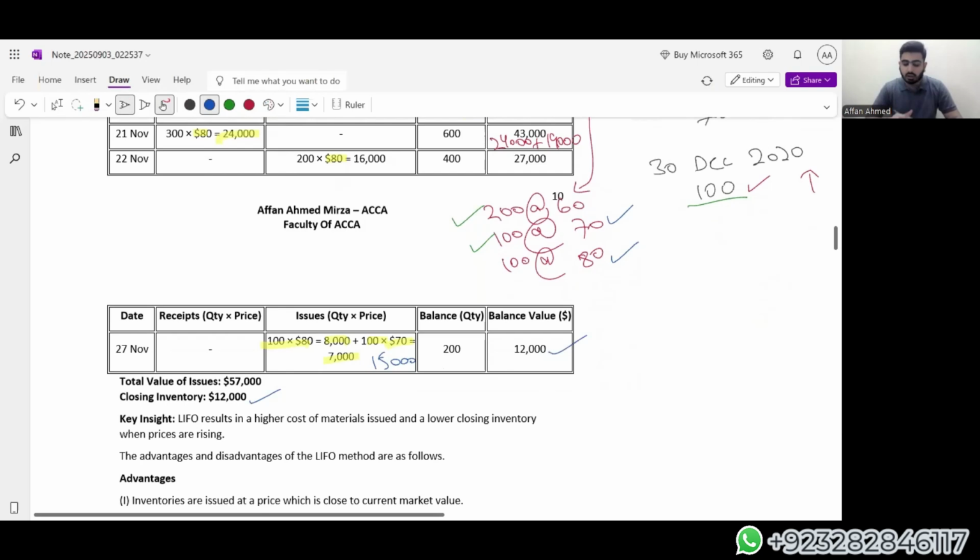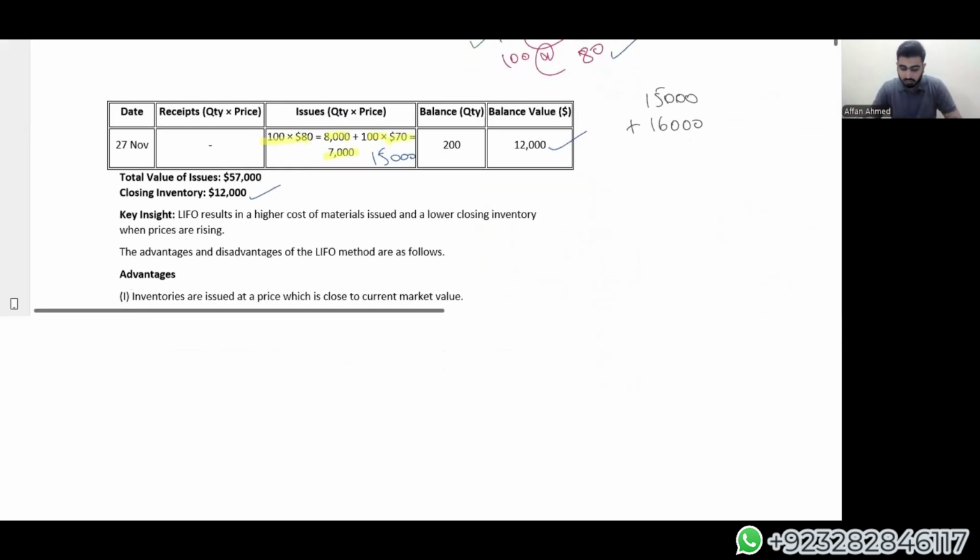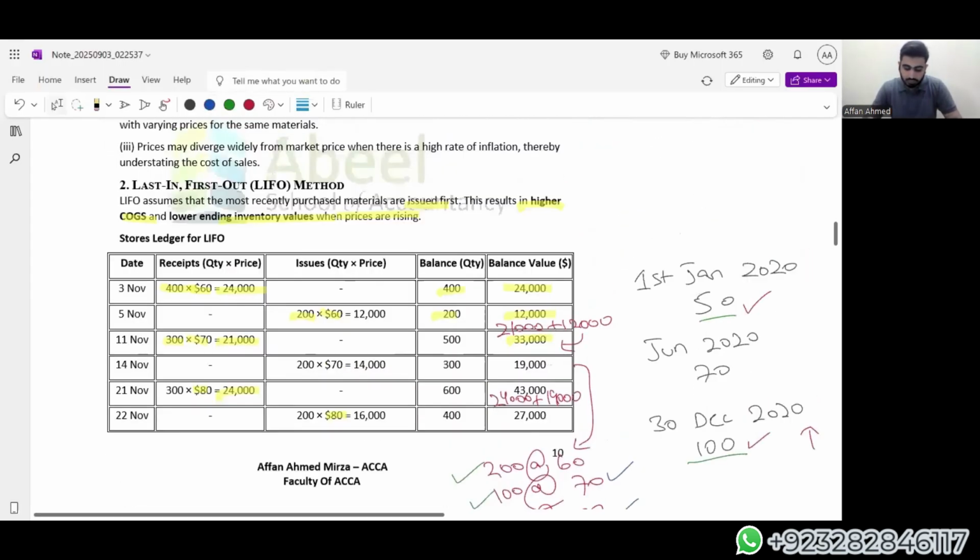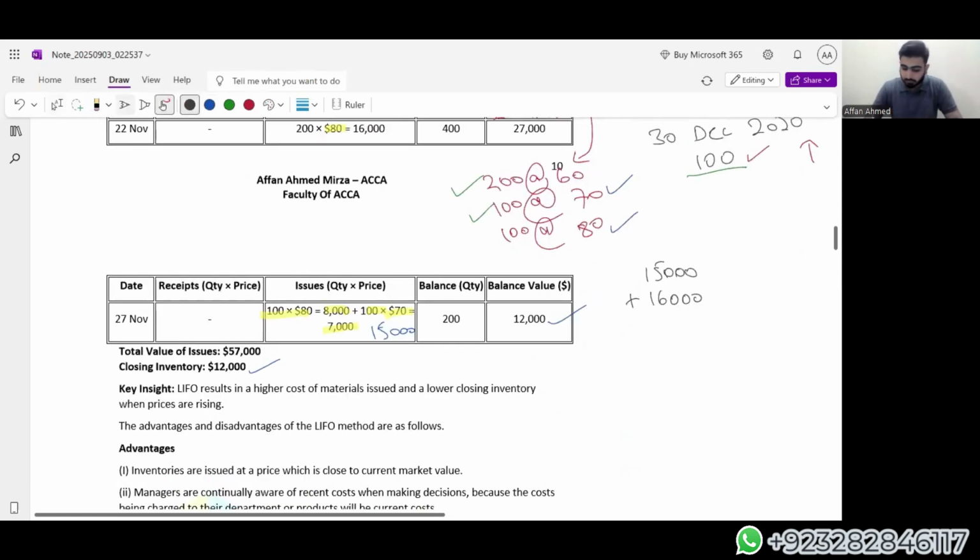And if we add all the issues that we have made, 15,000 plus 16,000 plus our 12,000. So that makes it 257,000.